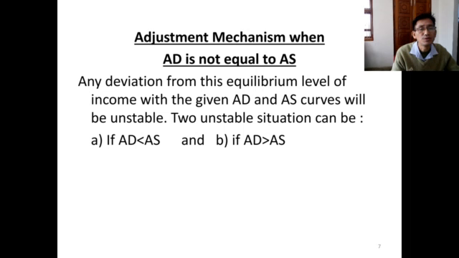So two unstable situations can be there. Number one, if AD is less than AS, aggregate supply is higher than aggregate demand. The other condition is if aggregate demand is greater than AS. We will be discussing them one by one.